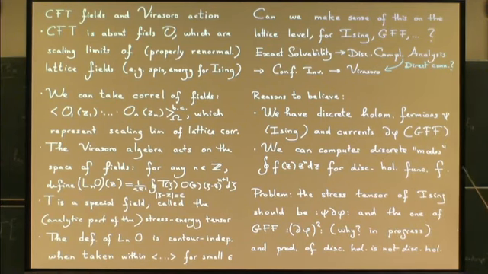Because if you read conformal field theory books, they'll tell you the stress tensor should be this for Ising and should be that for GFF. Well, the question is why this? That's also some work in progress, to explain why the stress tensors of these things are what they are. I mean, this has been dealt with by Kang and Makarov, I believe, in a GFF paper for the continuum from a probabilistic perspective.